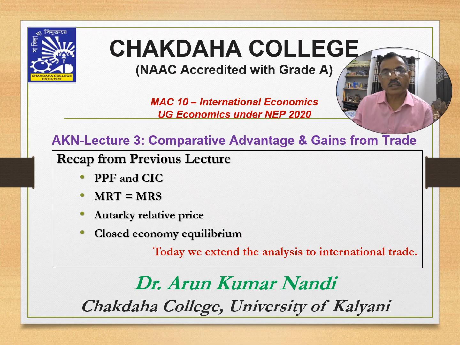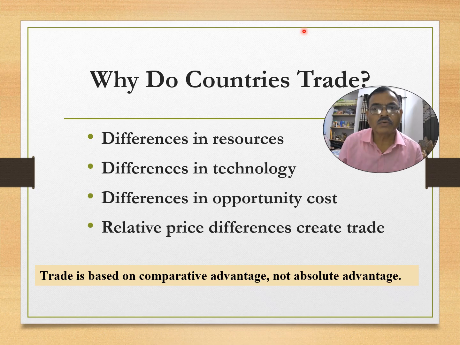To understand comparative advantage, let us begin with a very basic question. Why do countries trade with one another? Countries trade because they are different. They differ in resource availability, technology, and skill and human capital, climate and geography.